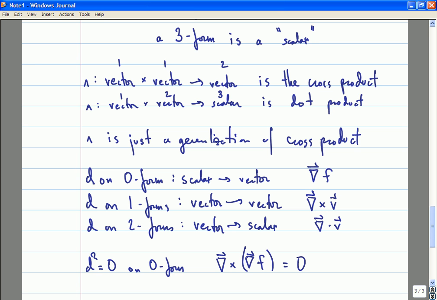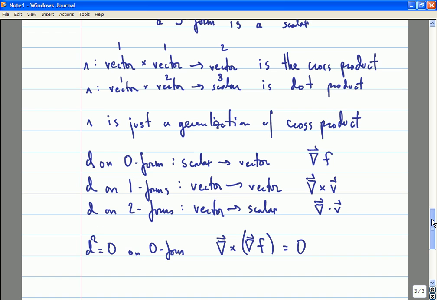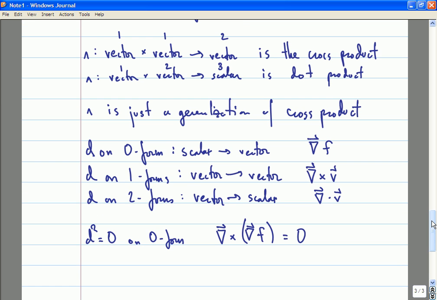That's probably something that you spent a lot of time puzzling over and trying to prove in your class on multivariable calculus. It's a true statement. It's kind of obscure and hard to remember in the language of multivariable calculus, but that becomes completely obvious in the language of differential forms.